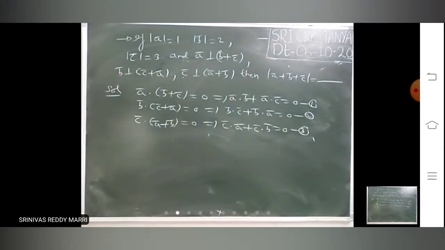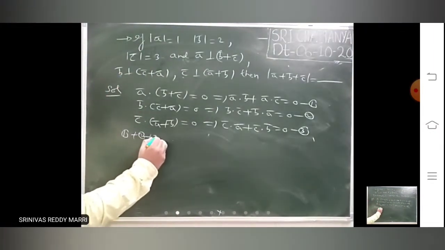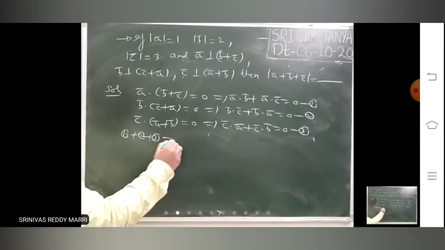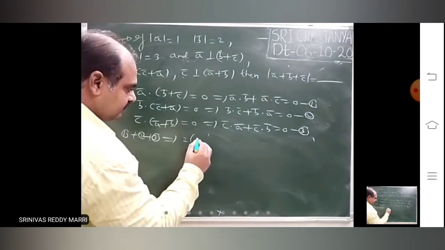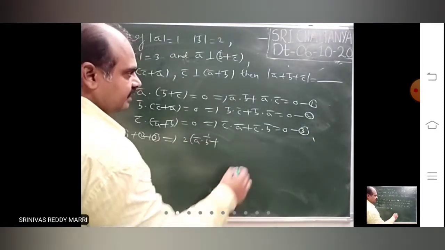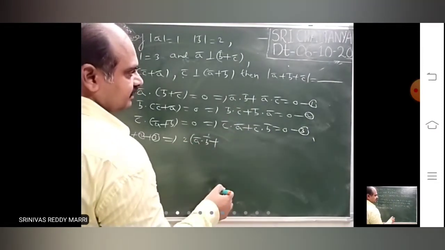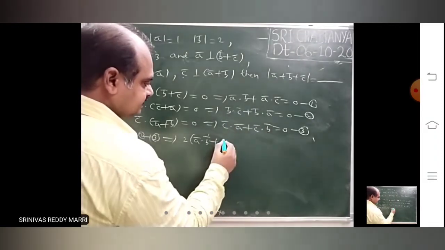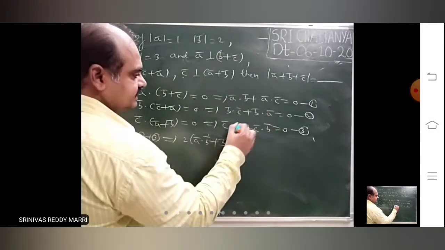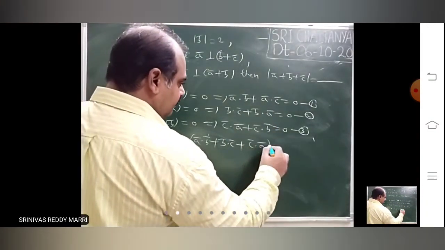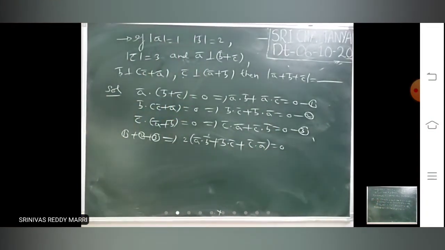So now 1 plus 2 plus 3 implies a dot b plus b dot a, that is 2 into a dot b, plus b dot c plus c dot b, same, plus a dot c plus c dot a, same, equal to 0. So this is 0 from 1 to 3.